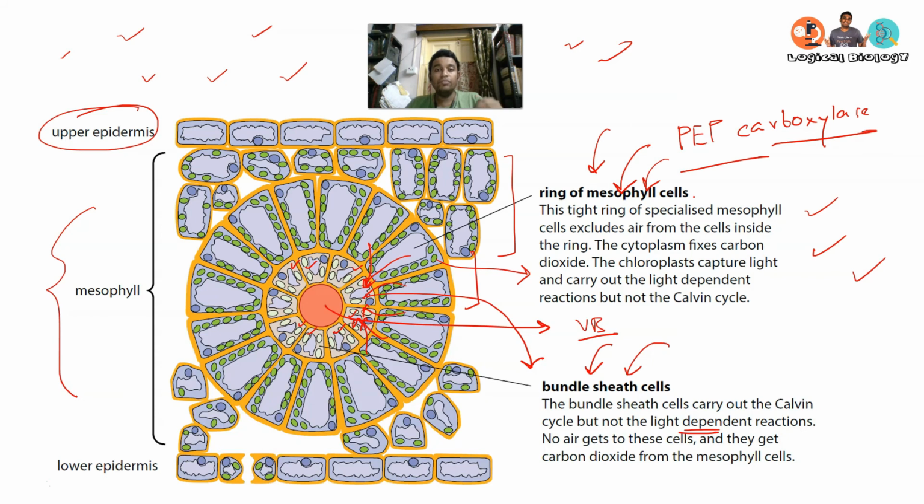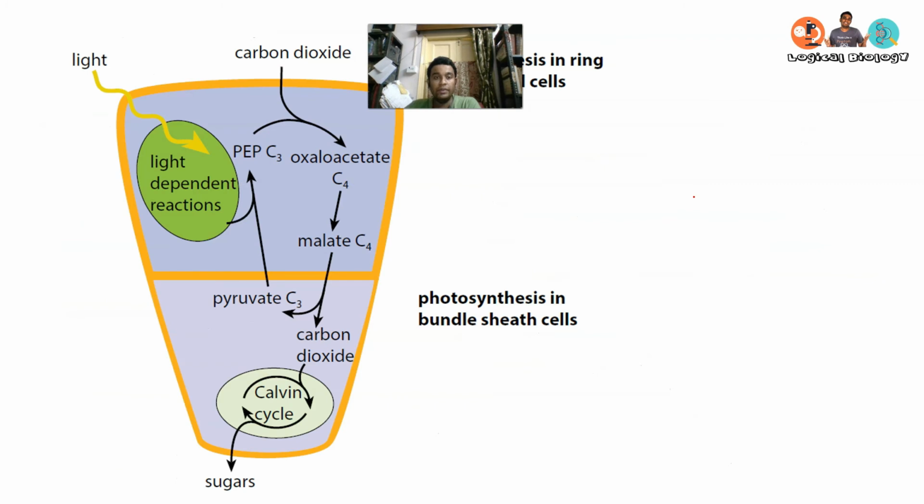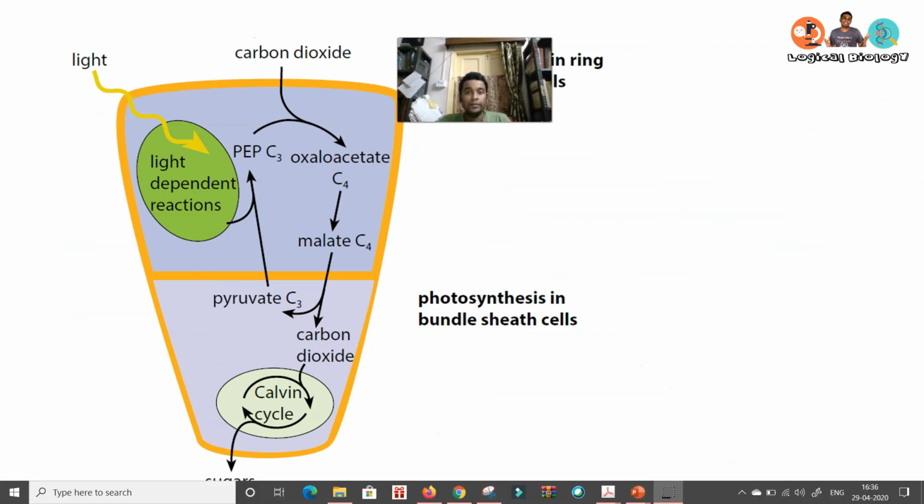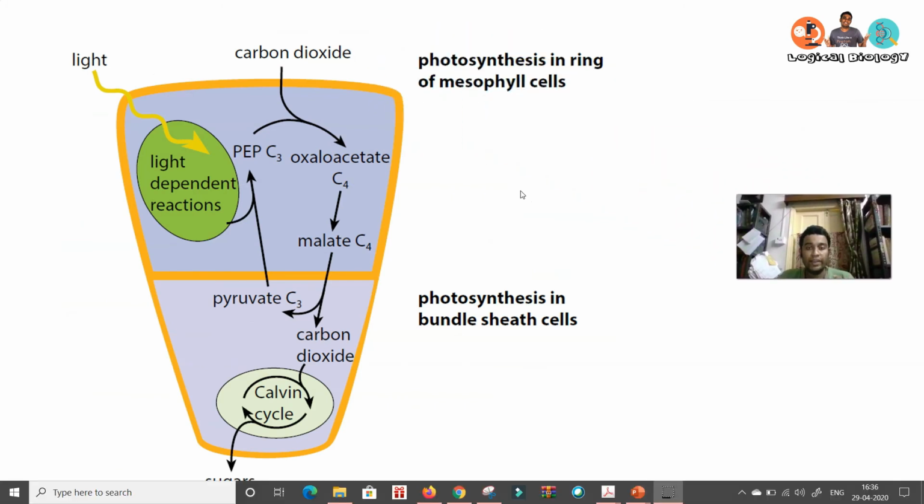The enzyme which is replacing the Rubisco at the level of mesophyll cells is the PEP carboxylase. So whatever Rubisco was there, you have taken out all the Rubisco and you have kept them back inside the bundle sheath cells. Right? That's it, guys. In the next video, we will be talking about this particular C4 cycle very quickly.